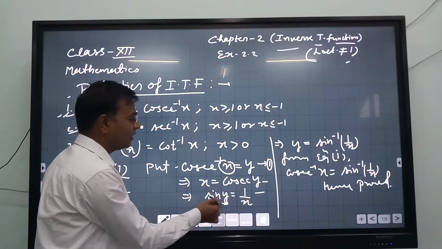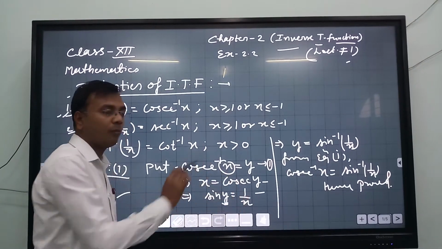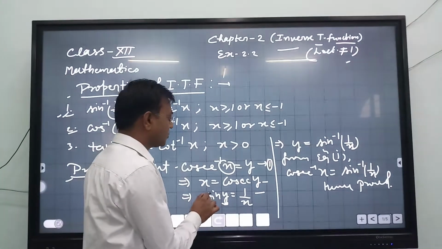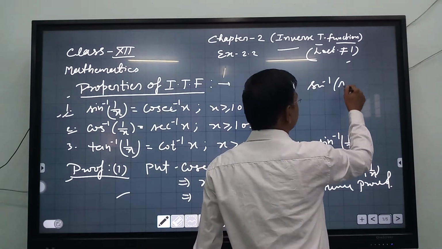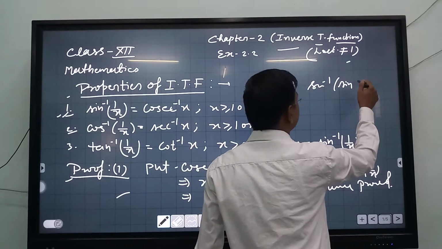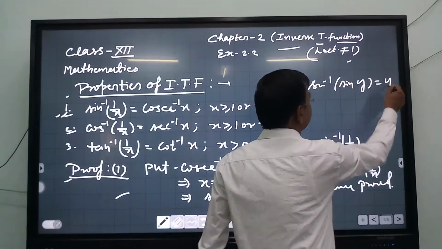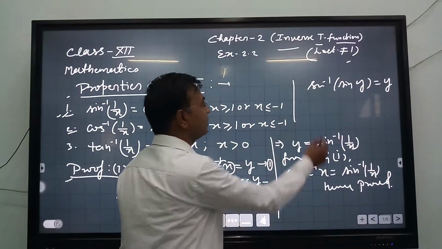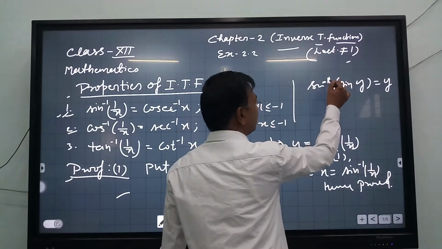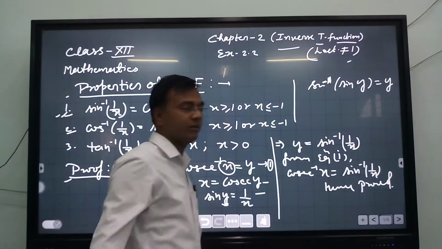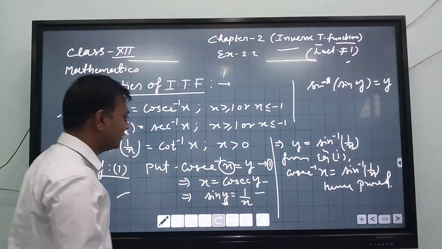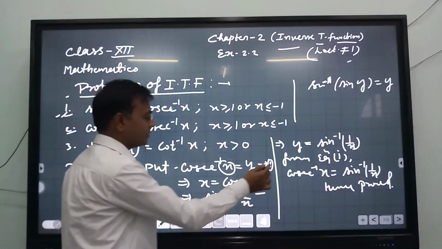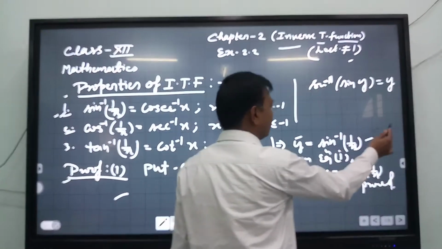So operating sin inverse on both sides. Do remember, in exercise 2.1, this is the property: sin inverse sin y equals y. As in exercise 2.1 we have learnt, the minus 1 power represents inverse. So sin y equals 1 by x, so y will be sin inverse 1 by x.